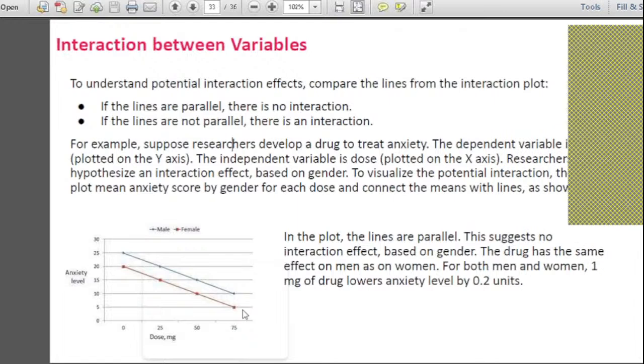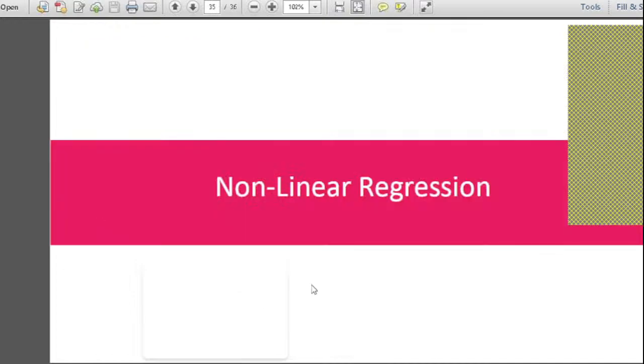If there is some interaction, they intersect somewhere like this.